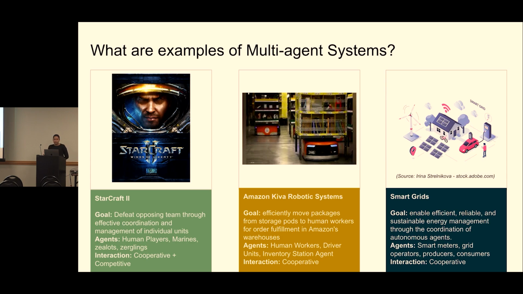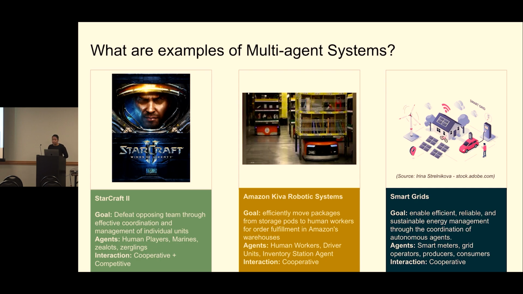Then you have your driver units, which are the orange bots you see in the picture there, and then your inventory station agents, which are not here, but they're really sorting the inventory and arranging what is going to get shipped and loaded into these driver stations. And then the interaction model in this warehouse is obviously going to be cooperative.